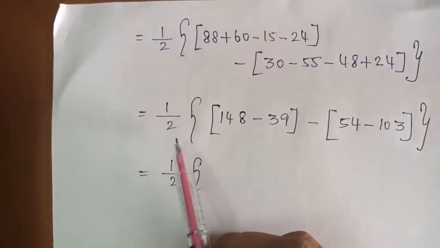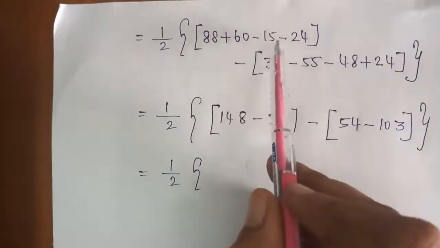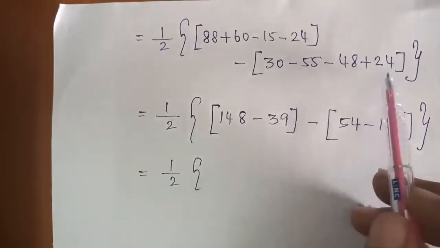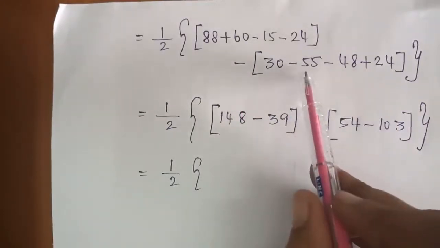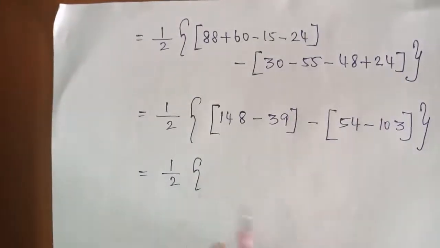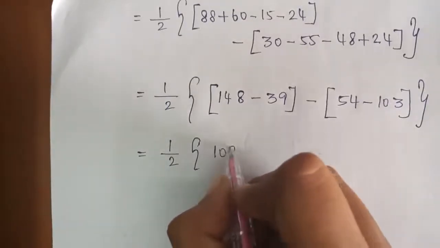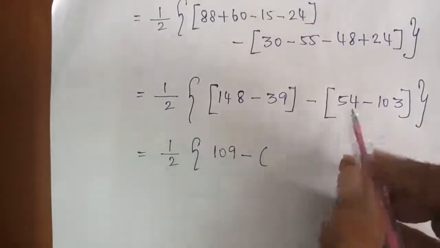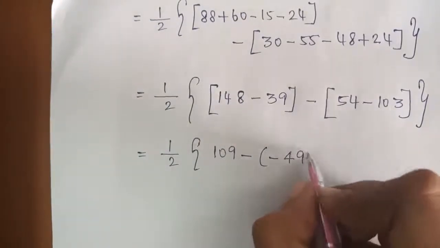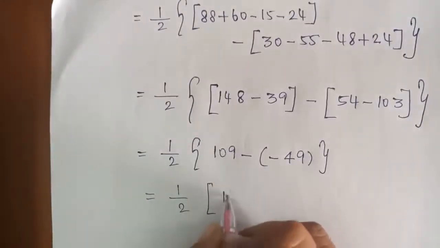which is equal to 1 by 2 into 88 plus 60 is 148. Minus 15 minus 24 is minus 39. Minus 30 plus 24 is minus 54. Minus 55 minus 48 is minus 103. So 1 by 2 into 148 minus 39 is 109. Minus 54 minus 103 is minus 157, and so on.